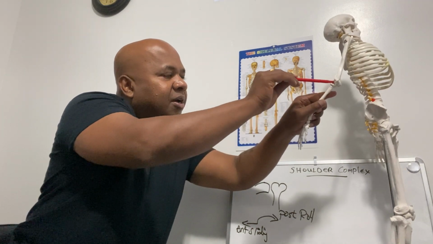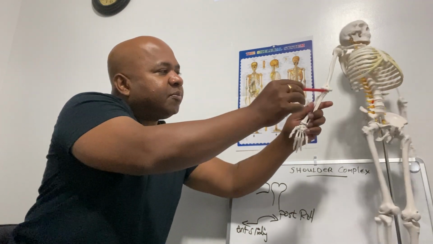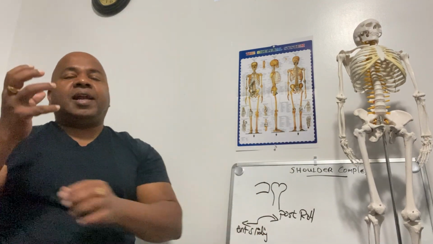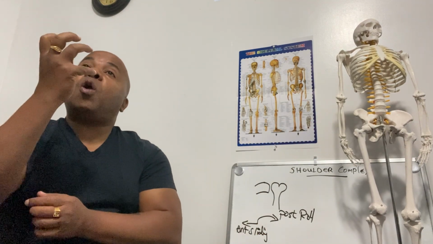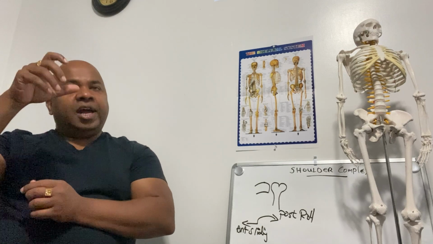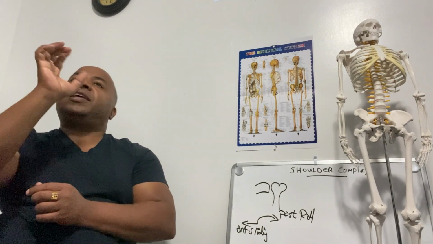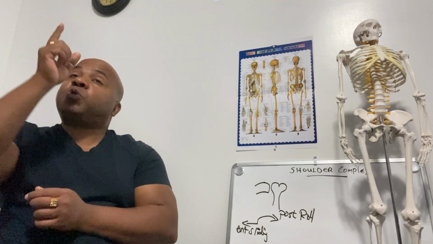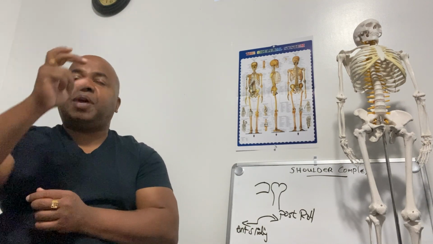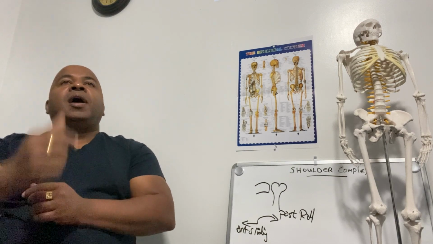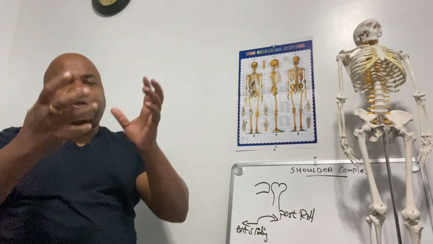Here you can see the trochlea of the humerus. The trochlea of the humerus is convex in shape, and the trochlear notch of the ulna is concave in shape. So here, what is the rule?